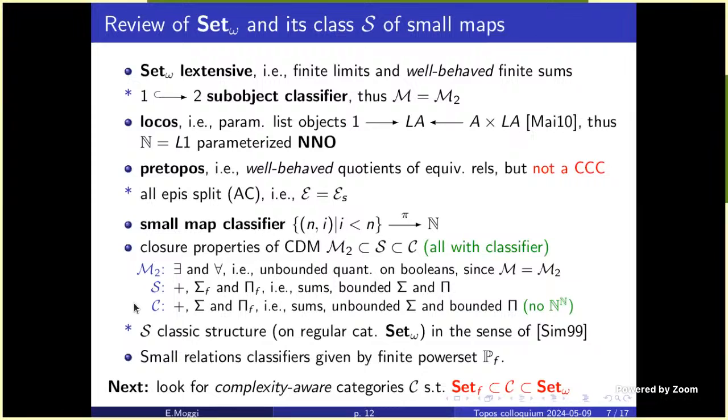And then we have several closure properties that maybe I'm not so much interested in spelling out. And now what I want to do is to replace Set omega with some other category that will be included in Set omega, but will include the category of finite sets.